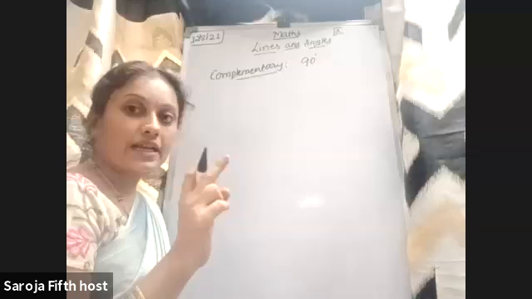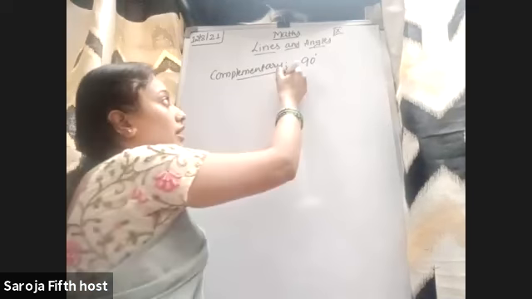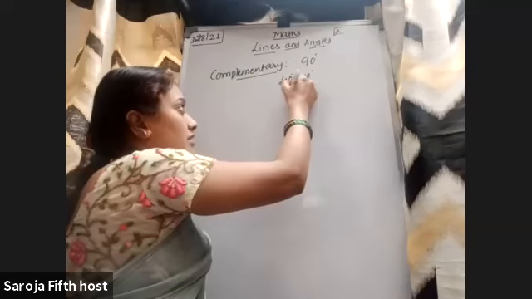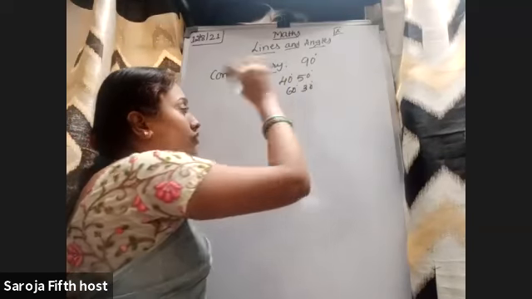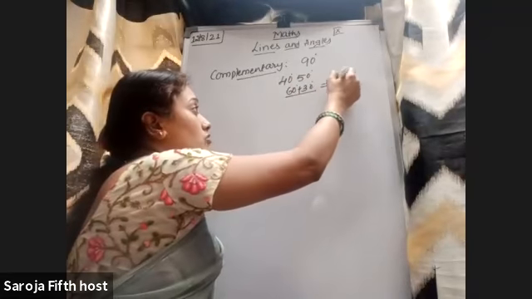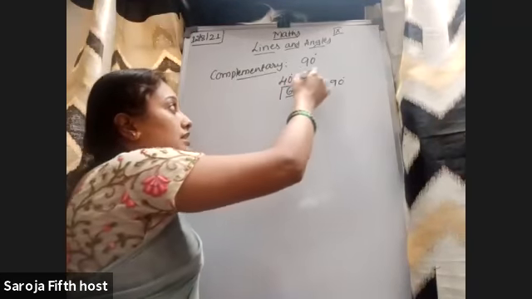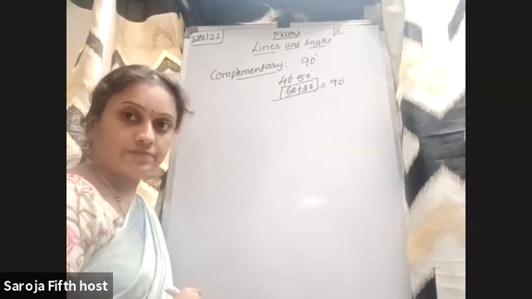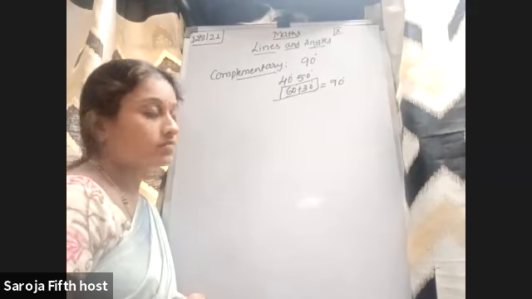So there may be 40 plus 50, 60 plus 30. Whatever the measures, when you add those two angles, the sum should be 90 degrees. Such angles we call complementary angles. Is it clear? Yes, ma'am.